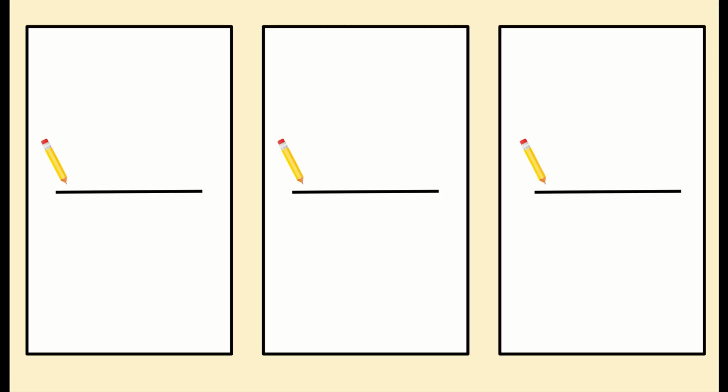Now let's spell 3 of our sight words. The first word we're going to spell is the word you'll. Remember that you'll is a contraction for you will. Spell you'll. The next word, they. They.